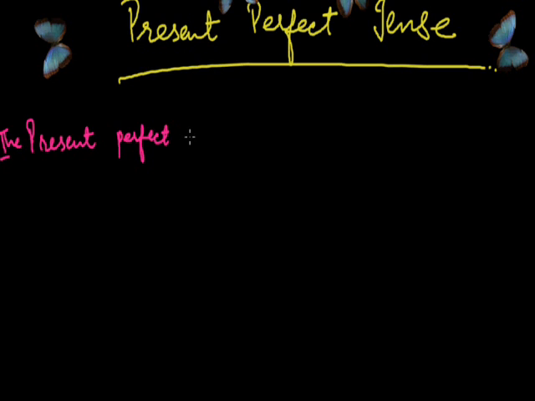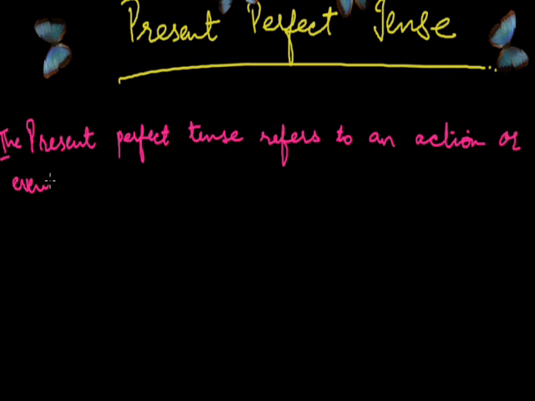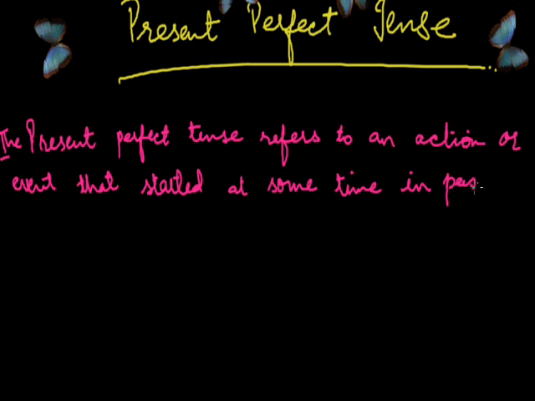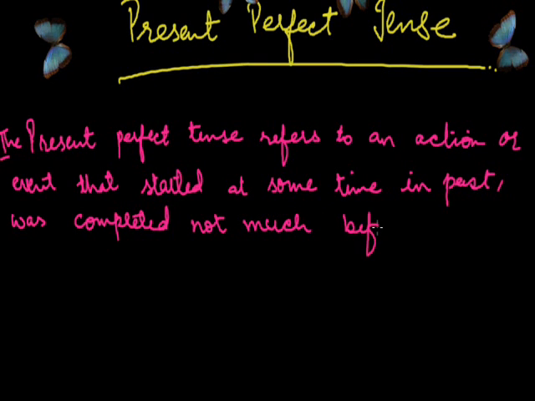Present perfect tense refers to an action or event that started at some time in the past, and was completed not much before the time of speaking.